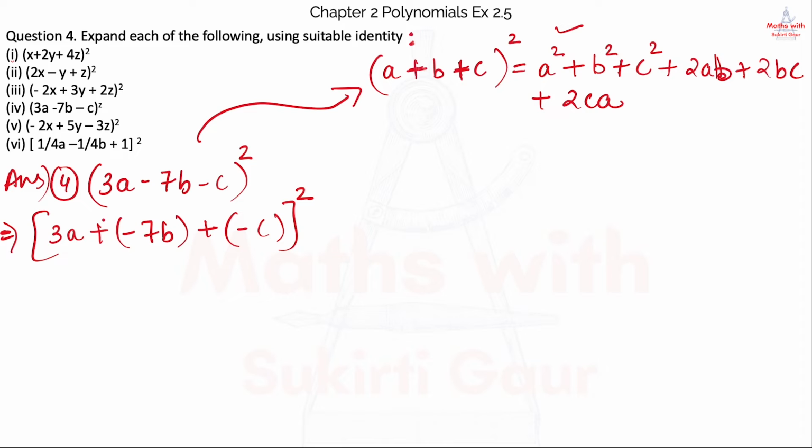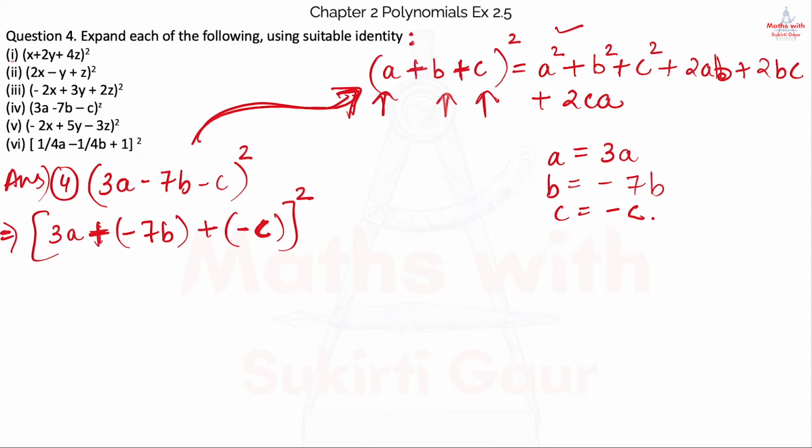Yes, because see, we want here positive sign between a, b and c. If we do not have, or the question has not given us, we are going to modify the question such that it does not change, but we have easy comparison, right? So taking a as 3a, b as minus 7b and c as minus c.